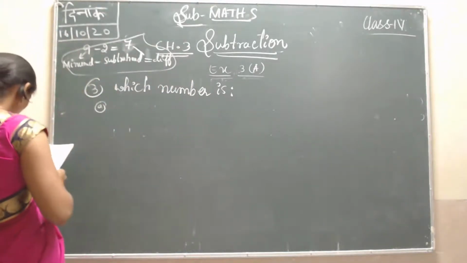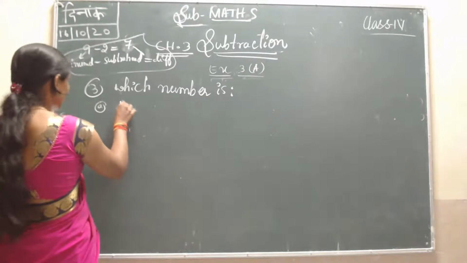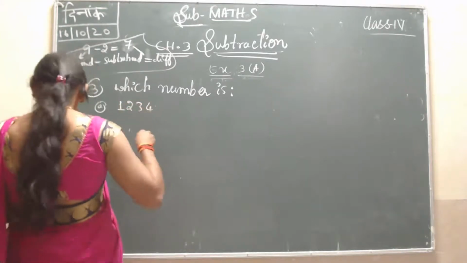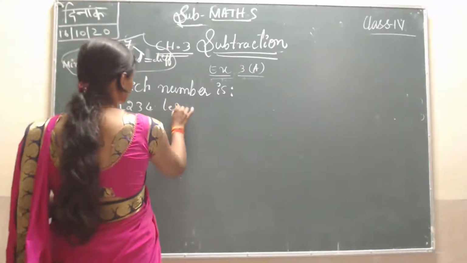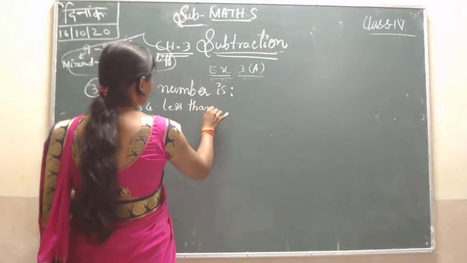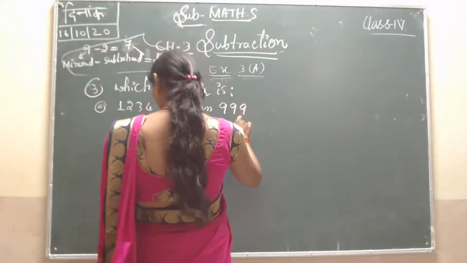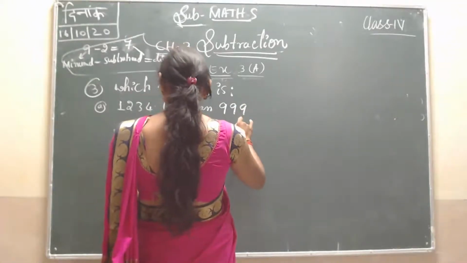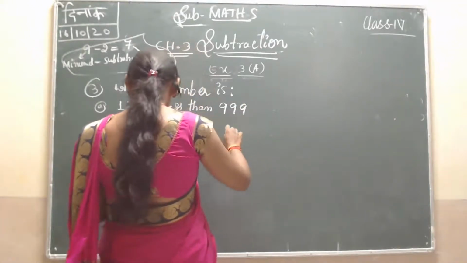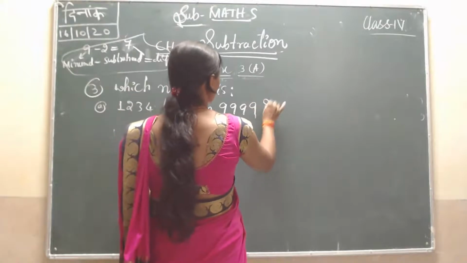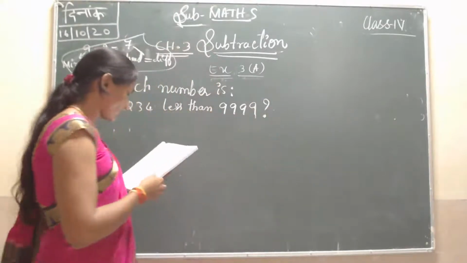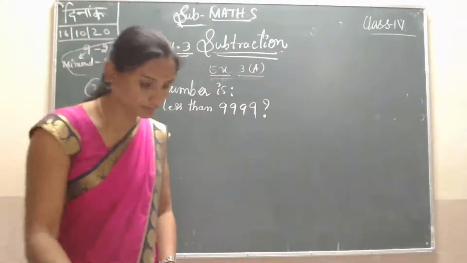What is the A? That is 1234 less than. Students, less than is how to do the subtraction. Less than of 9,999. How much is less than? So just you have to do the subtraction.